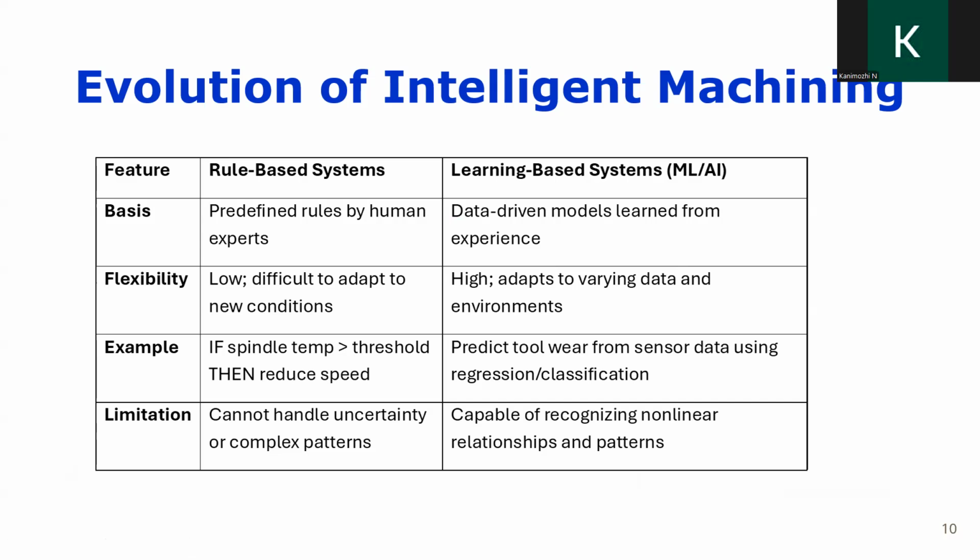But with intelligent machine learning systems, machines can now learn from data, like predicting when a tool will wear out based on sensor readings. These systems are much more flexible and can handle complex patterns. So instead of just reacting based on previous rules, smart machines today learn and adapt, making them more efficient and reliable in real-world conditions.